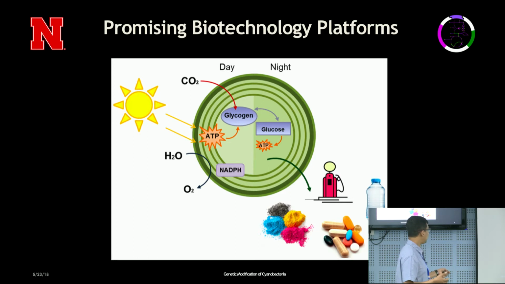Many times you will see cyanos, and I am talking about a typical cyano, which in the daytime can produce glycogen, or store carbon dioxide in the form of glycogen, and at night it powers its metabolism using glycogen.